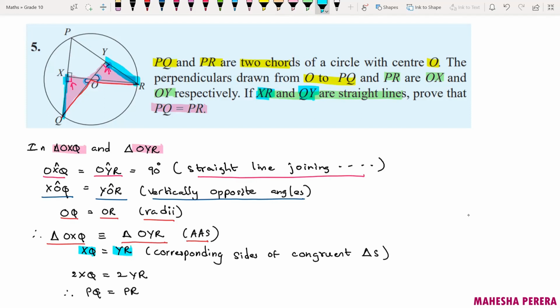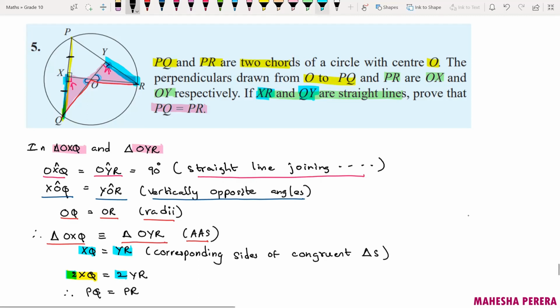Then what I did was I multiplied both sides by 2. So I get 2XQ equals 2YR. Now when you consider 2XQ, what is 2XQ? It is exactly PQ, right? Because according to our theorem, this side and this side should be equal, right?